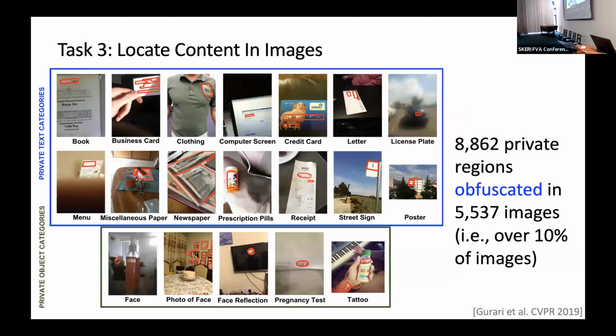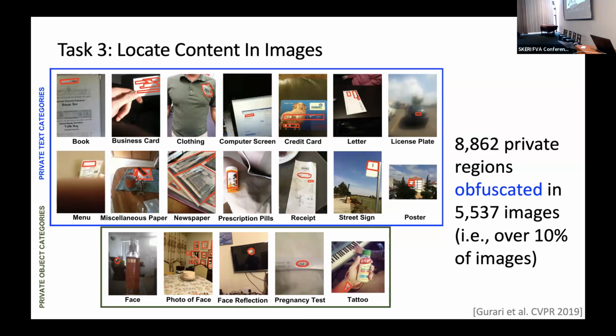Another task we have was locating the content in images for private categories. I mentioned when we built the data set, we found a lot of private content in these images, and those occurred both because people wanted to capture that private content in images, but also because they didn't intend to, and it just appeared somewhere maybe in the background. It was unintentional.